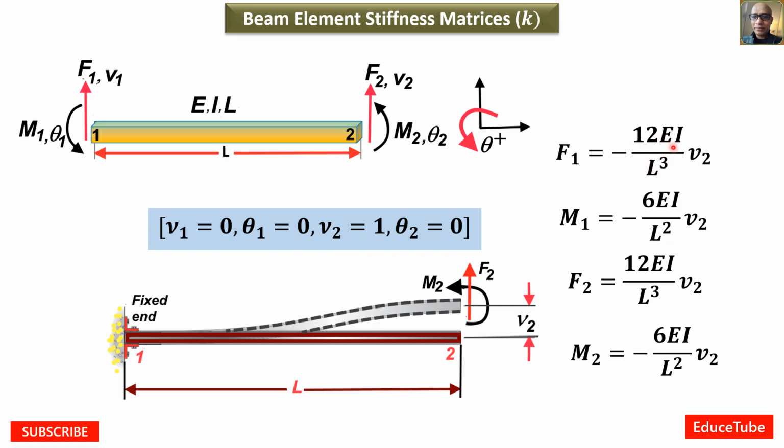Third column means it is K13, K23, this one will be K33, this one will be K43. Yes, K43. It is the third column of the stiffness matrix.